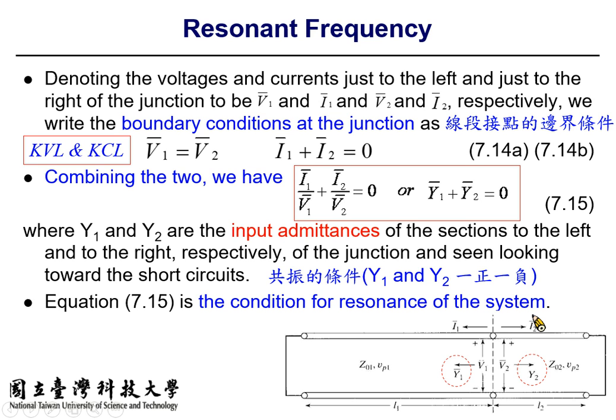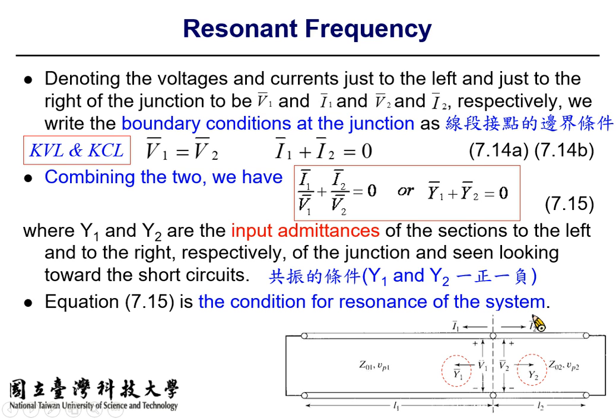Because the two lines are made of transmission lines, the currents I1 and I2 can be replaced with voltage divided by characteristic impedance, or expressed as voltage times characteristic admittance.